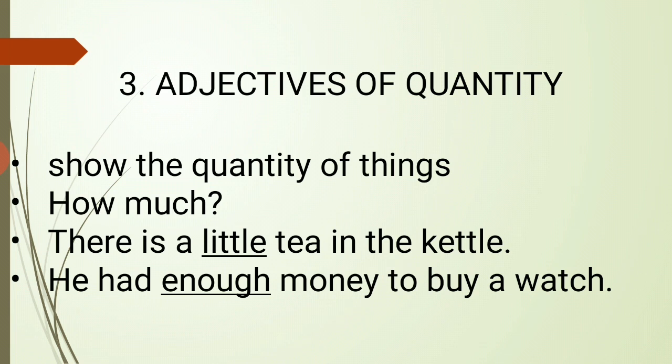They always answer the question how much: how much tea, little; how much money, enough. So other than little and enough, we also have adjectives like great, some, any, which tell us about the quantity of a thing. So such adjectives are called adjectives of quantity.